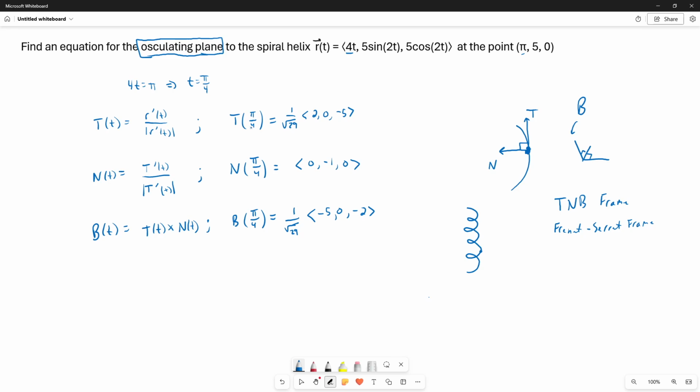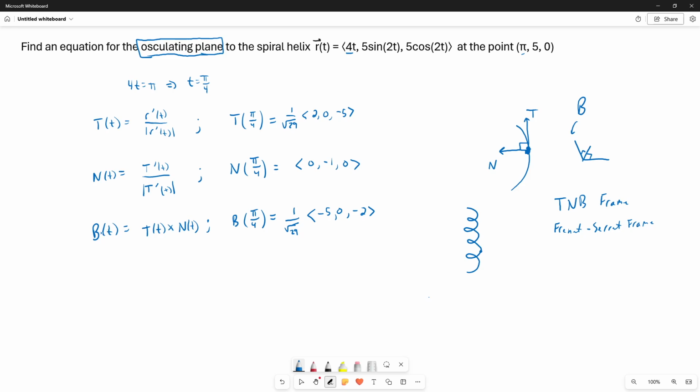And after plugging in pi over 4, we got in a previous problem 1 over the square root of 29 times (2, 0, negative 5). And then the normal vector, the unit normal vector N, is T prime of t over the magnitude of T prime of t. And we also calculated this one. It was N of pi over 4 is (0, negative 1, 0).